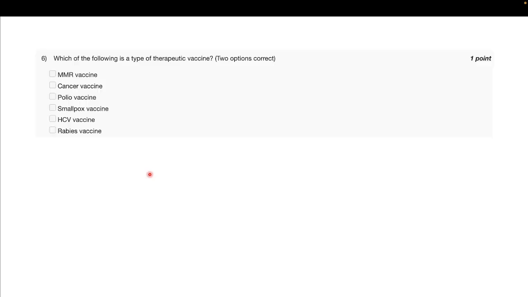Next is, which of the following is a type of therapeutic vaccine? So we have to choose two correct options. Ma'am, option 2.